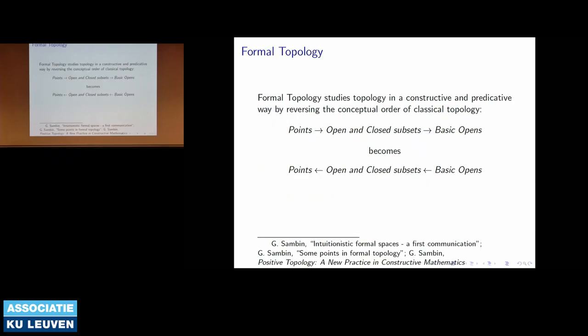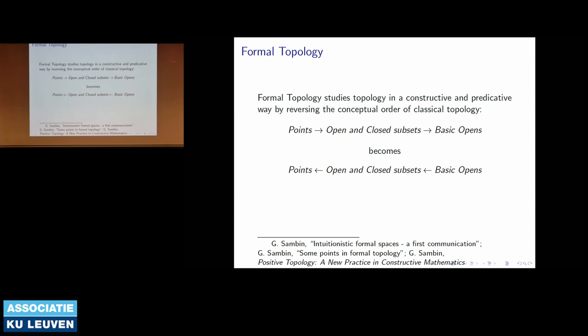So, first of all, what is formal topology? Well, the idea is to study topology in a constructive and predicative setting, like homotopy type theory, for example. In order to do so, you need, first of all, to reverse the conceptual order of, let's say, traditional topology.